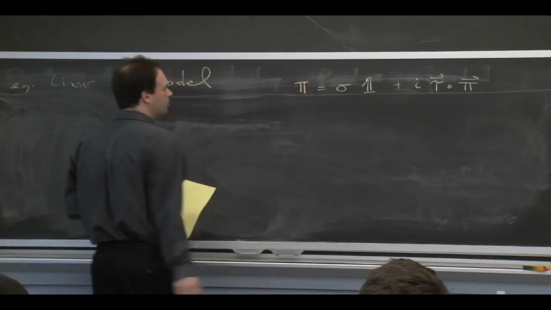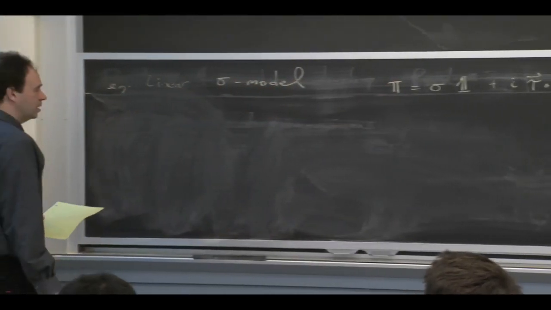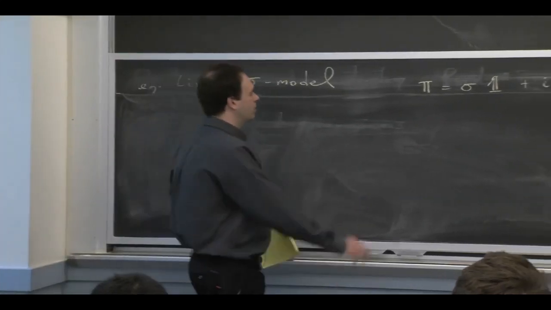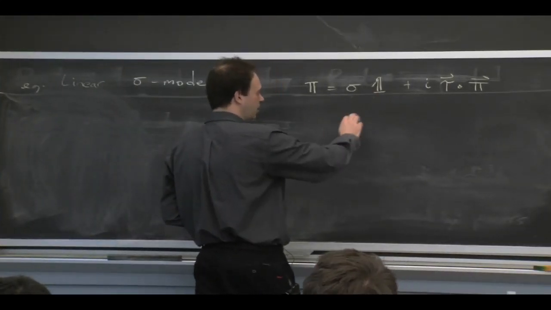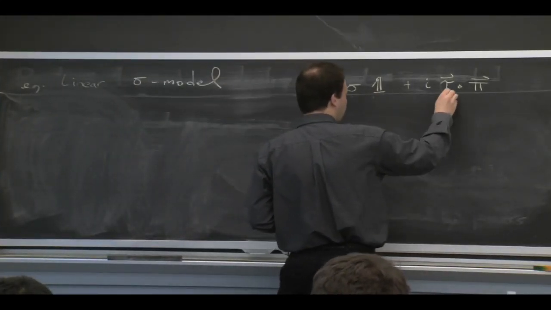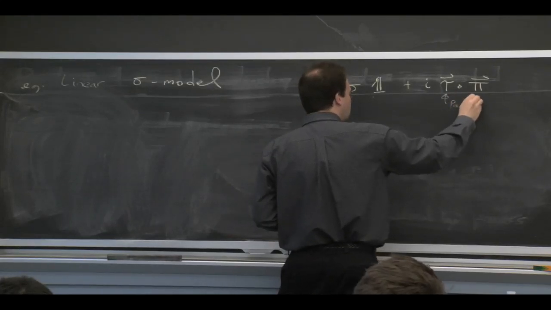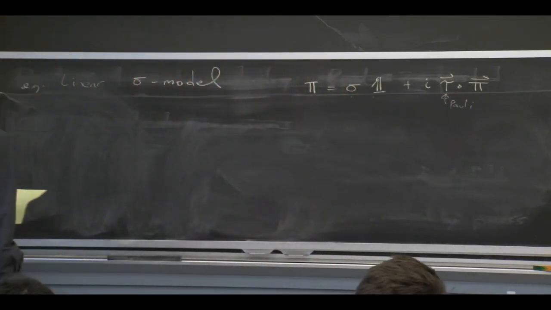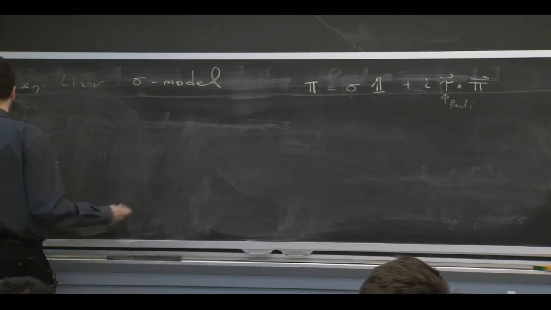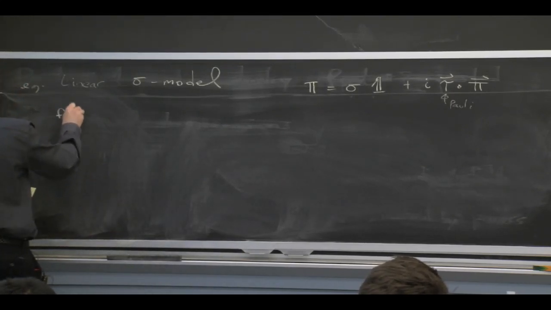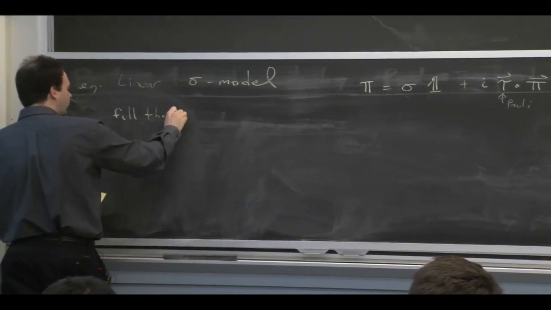So I'll talk about fields that I call pi without a vector symbol on top. They have two components, one component that's in the diagonal, and then one component in the off diagonal, these are Pauli matrices, with different entries in the sigma 3. So I want to think of this as a kind of full theory.